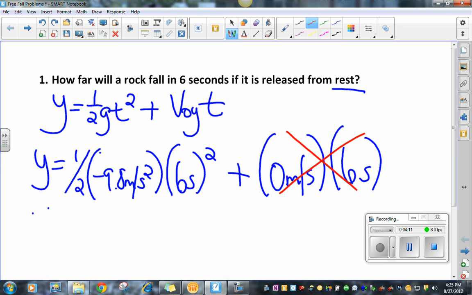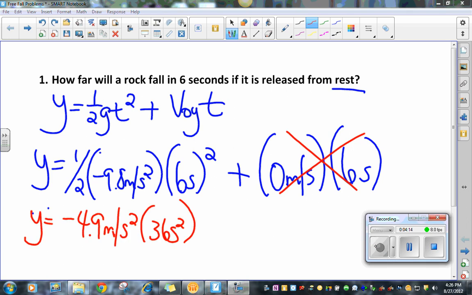All right? Why don't you do that math and see what answer you come up with? When you look at this, you're left with half of negative 9.8, which is negative 4.9 meters per second squared. And when you squared your time, you also squared the units. So 36 seconds squared. Okay? If you look at this problem, it makes it really nice because second squared here is in the denominator and second squared here is in the numerator.